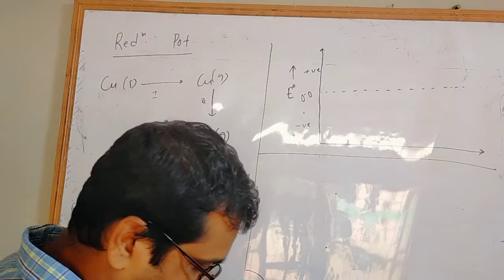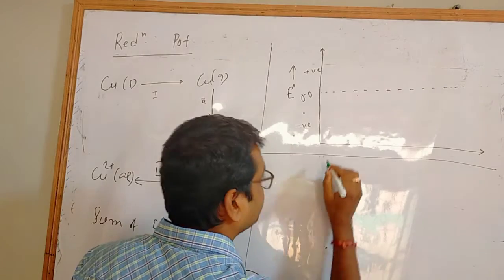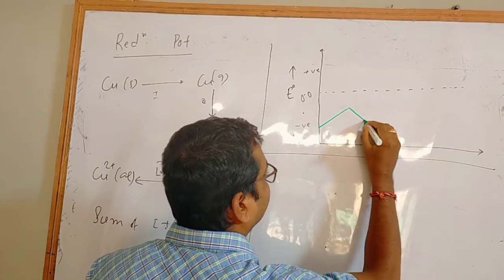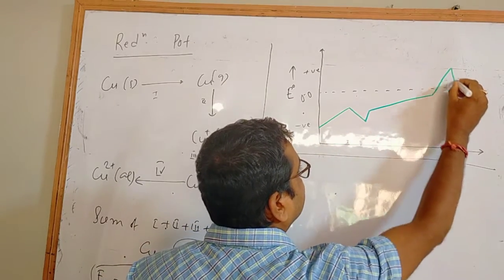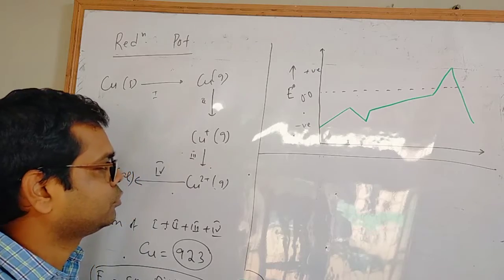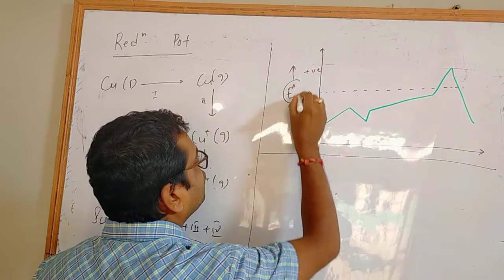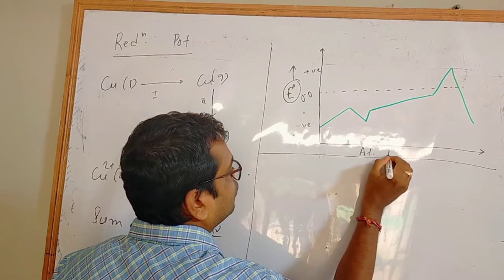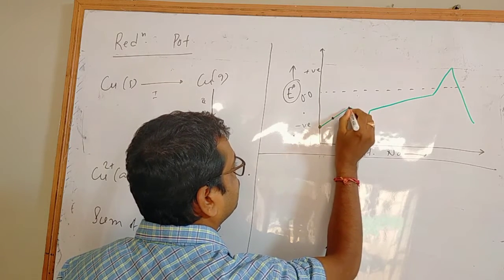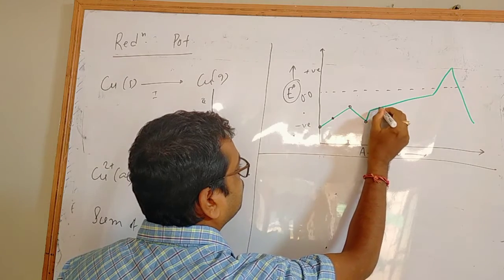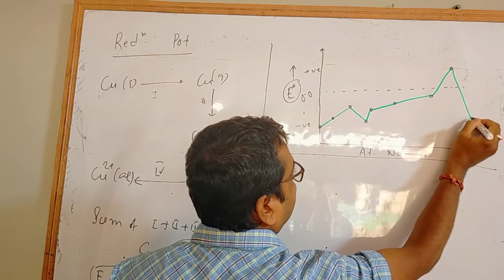If we consider the graph, it is electrode potential versus atomic number. The graph looks like that. This is titanium, vanadium, chromium, manganese, iron, cobalt, nickel, copper, zinc.